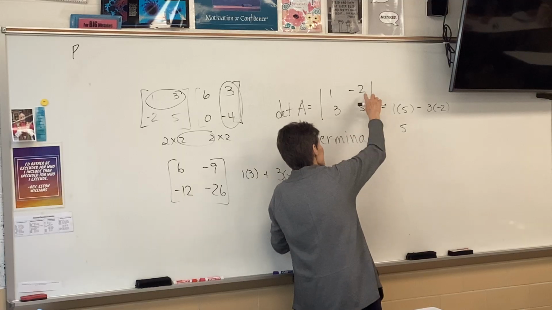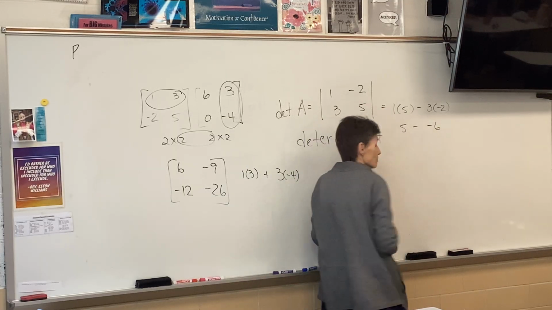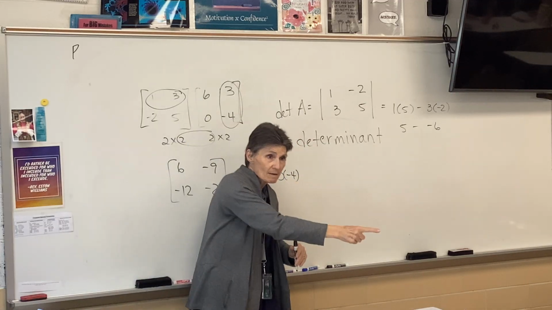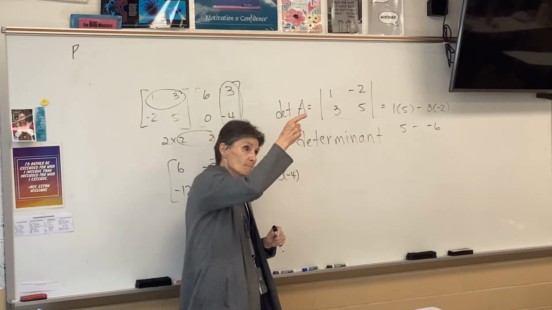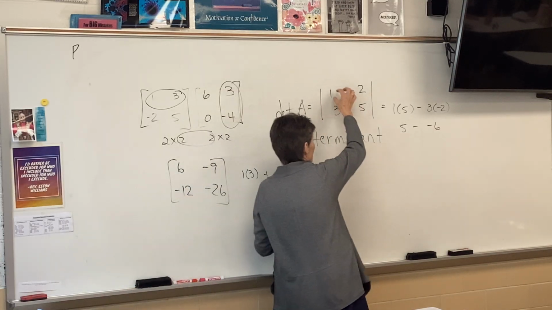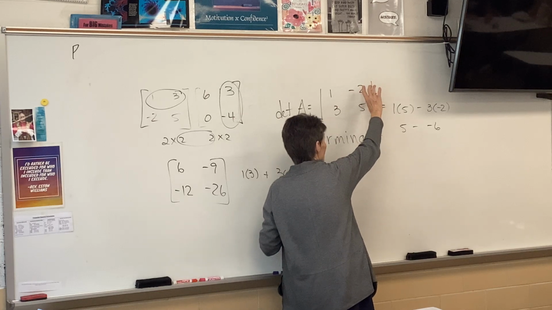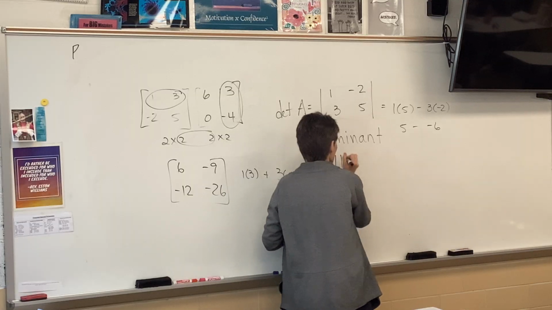I multiply these guys and get negative 6. And then I subtract them. So 5 minus negative 6. So I'm multiplying on the diagonal, and subtracting. So the value of the determinant is 11.